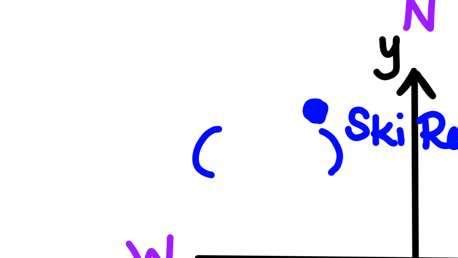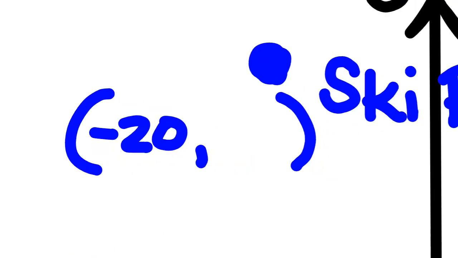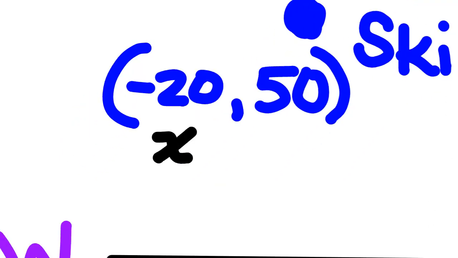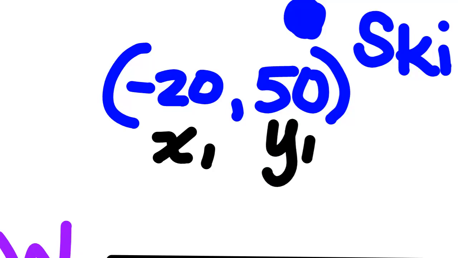How far to the west did we go? 20 miles. Since I went left, it needs to be a positive 20 or a negative 20? Negative 20. So I went 20 miles west, and then I went which way? 50 miles north, which would be up 50. So positive or negative 50? Positive 50. Since that's the first point that we plotted, are you guys okay with calling that x1 and y1?